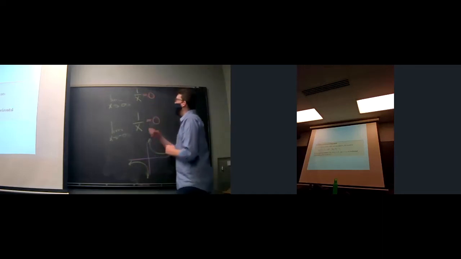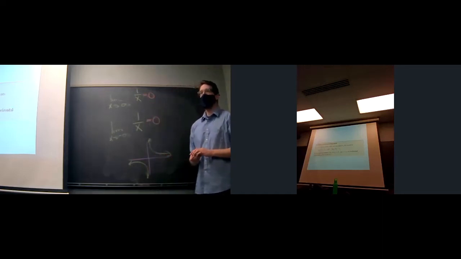Same idea, we're just looking at the tendency as we go on to forever. In this case, we would say that y equal to 0 is a horizontal asymptote.